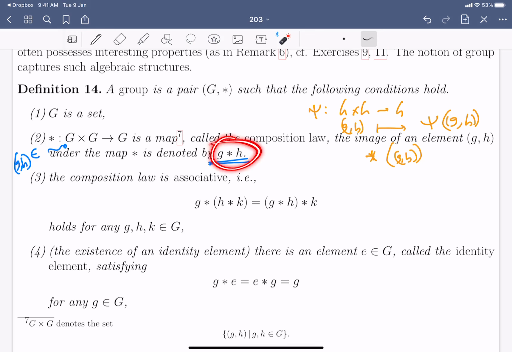This is done by g star h. So the image of an element (g, h) inside G cross G under the map star is denoted by g star h.